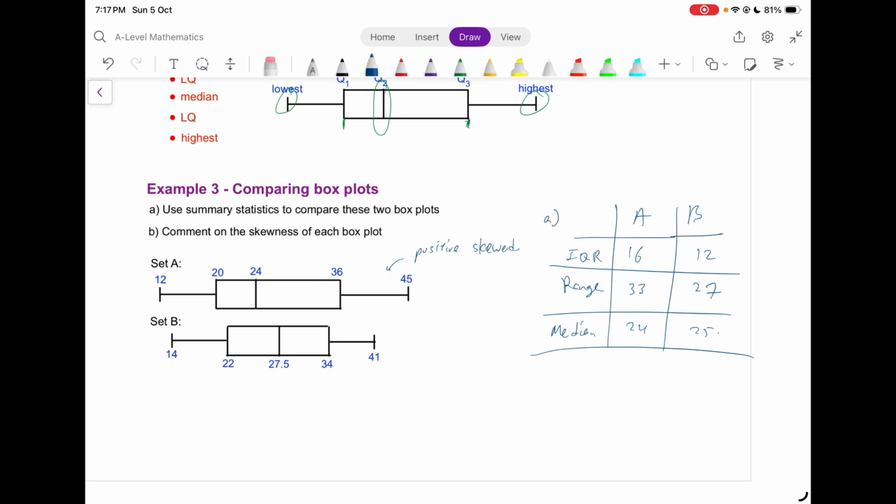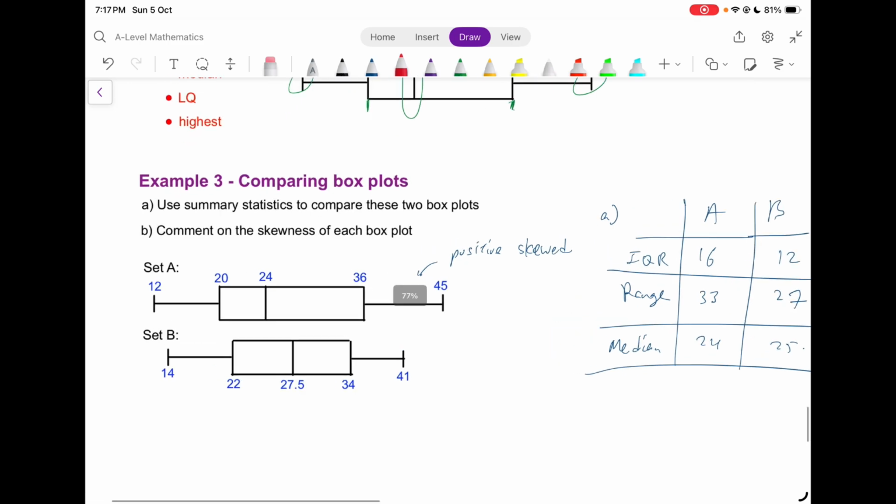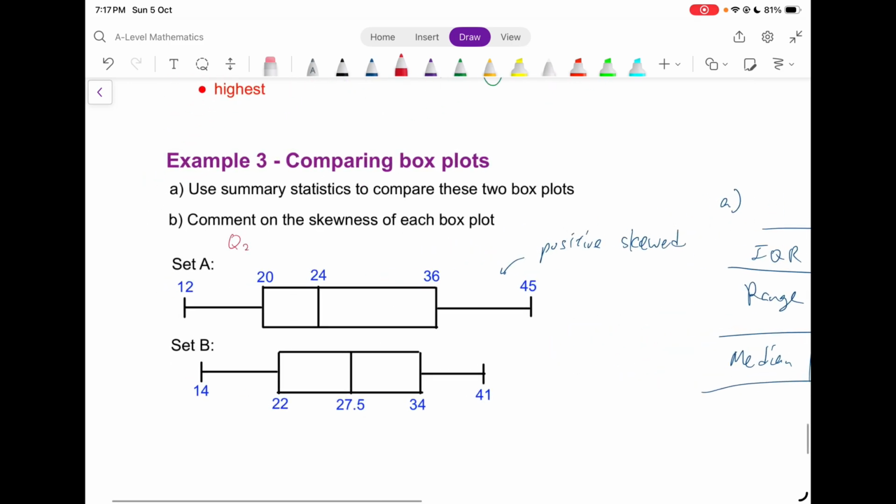Now, comment on the skewness. First of all, we can look directly by inspection using the box plot. Second, we can also apply Q2 minus Q1 being lower than Q3 minus Q2, which is a positive skew.